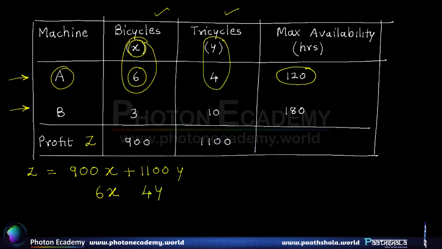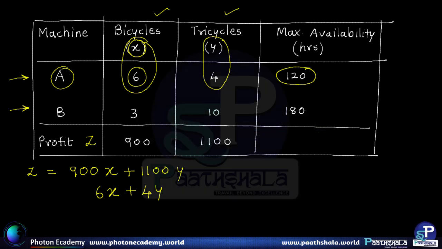So the total time for which machine A is occupied is 6x plus 4y, and this total time has to be within the maximum available limit. So that expression has to be less than or equal to 120.